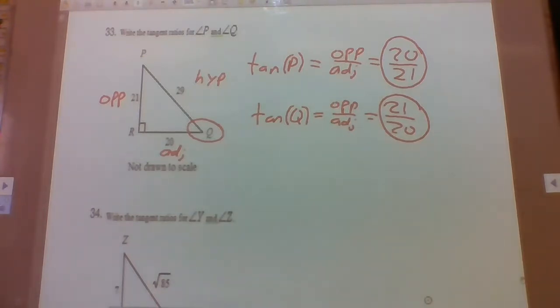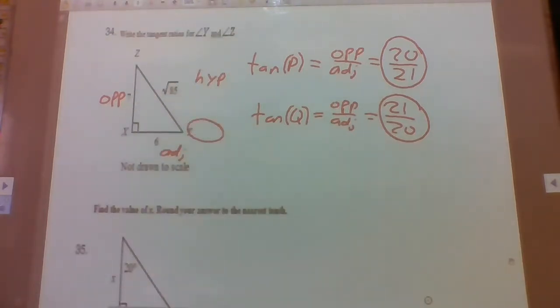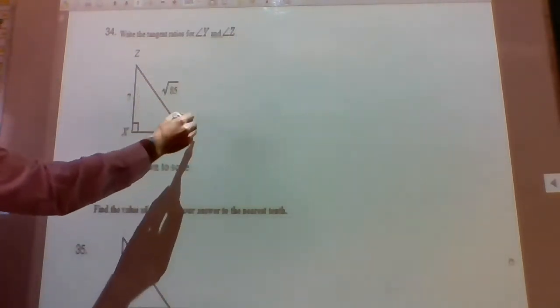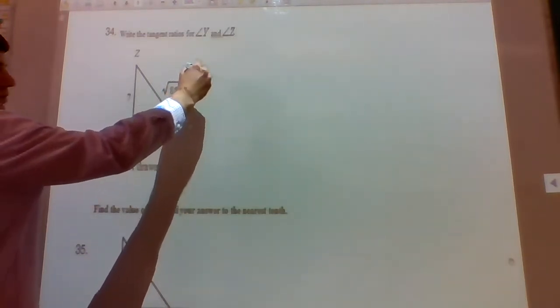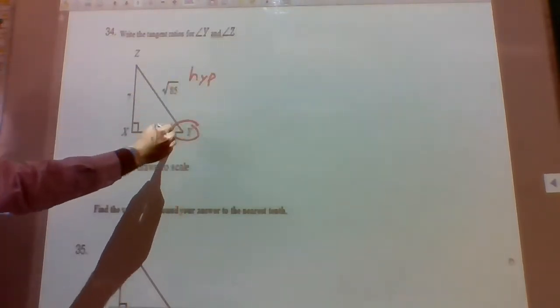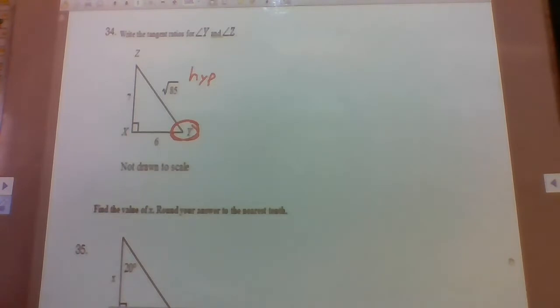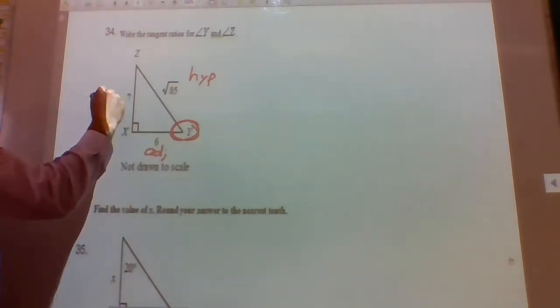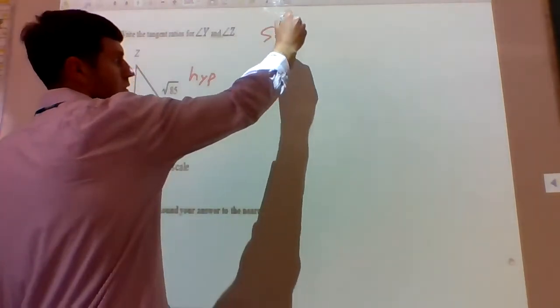Number 34 is asking the same thing, except for angles Y and Z. Let's start with Y. The hypotenuse is across from the right angle. Circle angle Y. Next to it is adjacent, across from it is opposite.